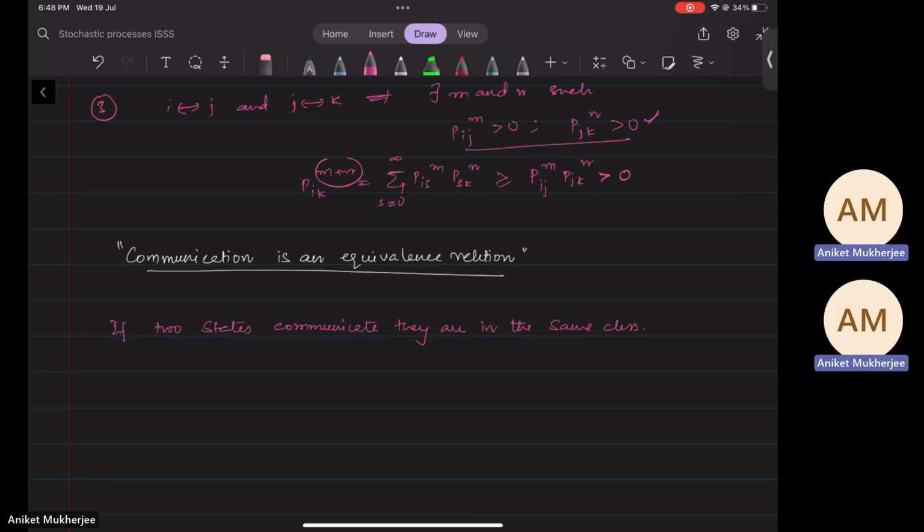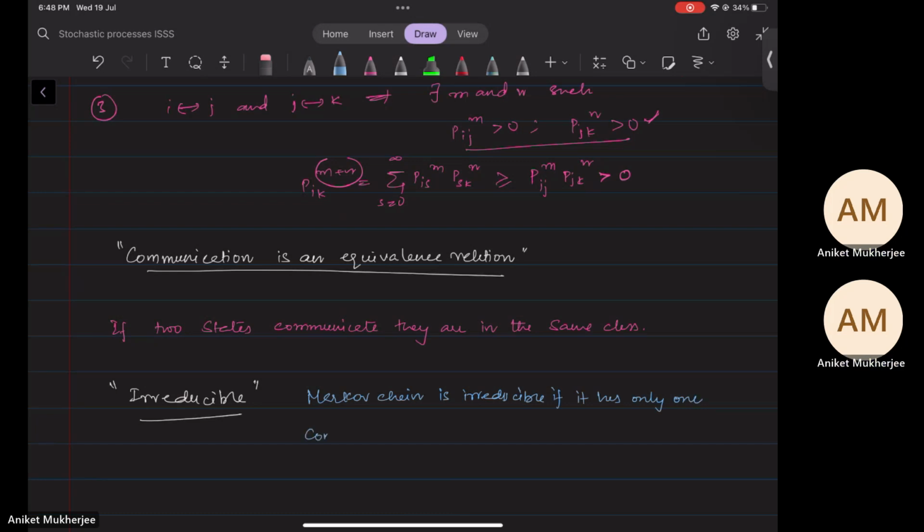There are some definitions that I'll introduce now. One is irreducibility. A Markov chain is irreducible if it has only one communicating class.